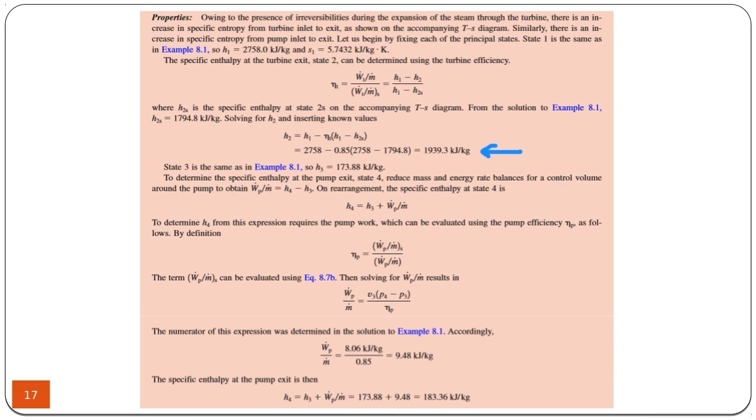Similarly, the pump isentropic efficiency is given as the isentropic pump work divided by the actual pump work.